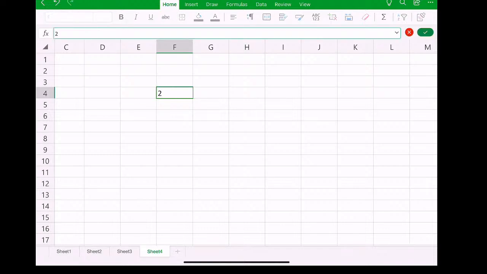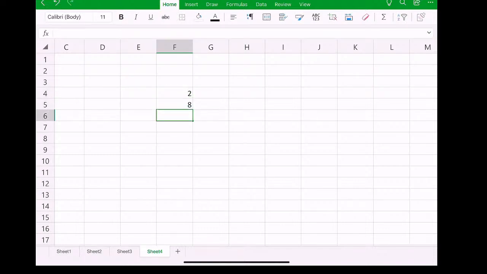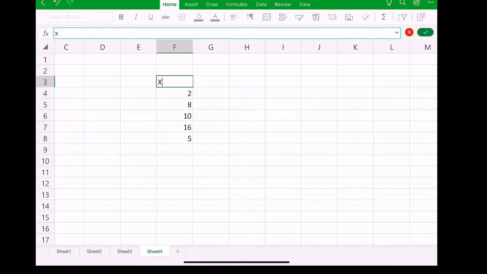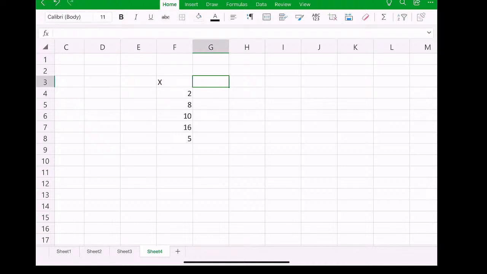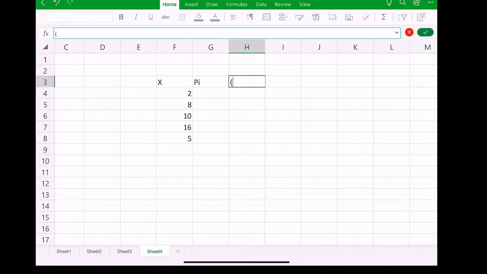So this 2, 8, 10, 16, 5. This is X. This is PI. This is deviation.